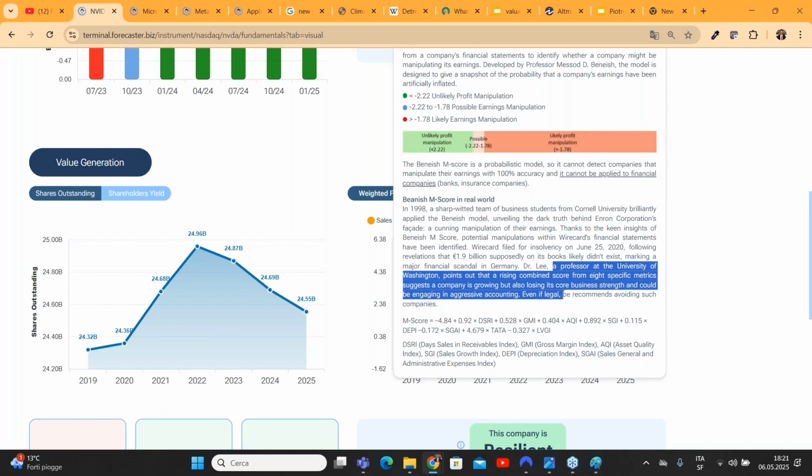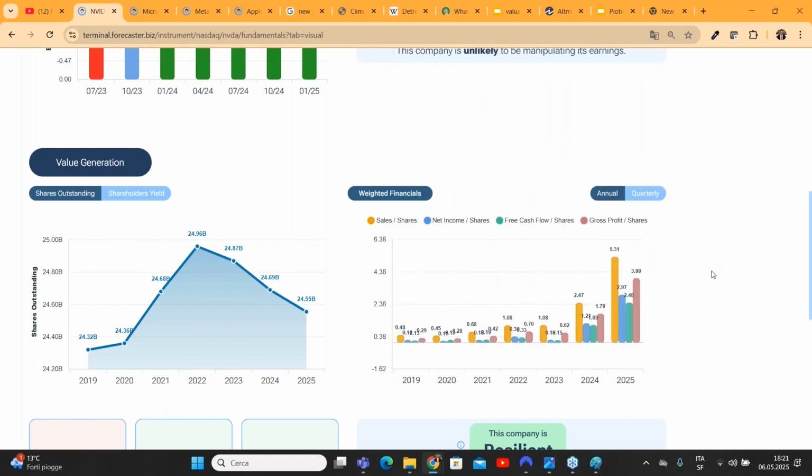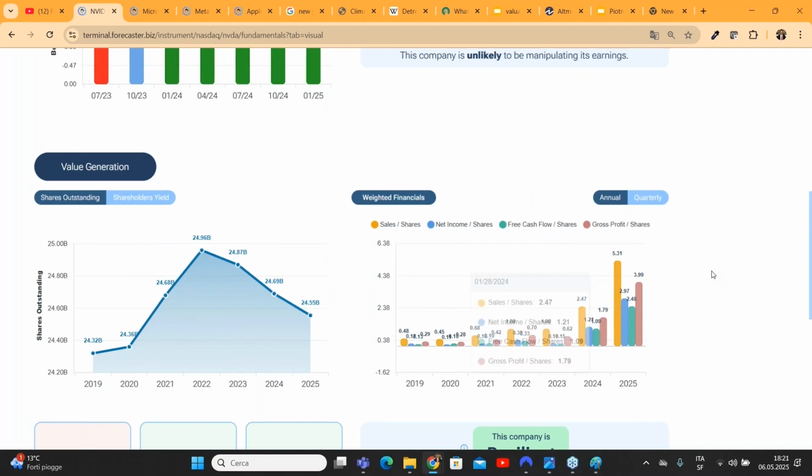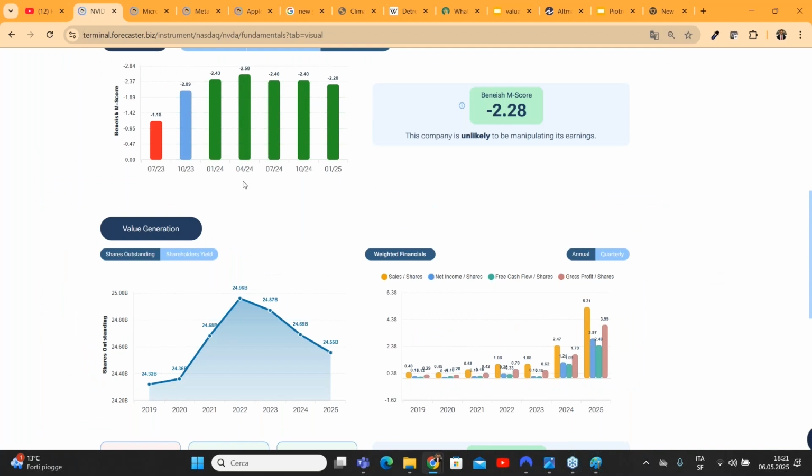Even if legal, because of course this is not a proof that they are doing something illegal, but if they are doing aggressive accounting, it's better to avoid these kinds of companies, because they could have problems in the long run. Okay, so these are 3 very important ratios to analyze the solidity of a company.